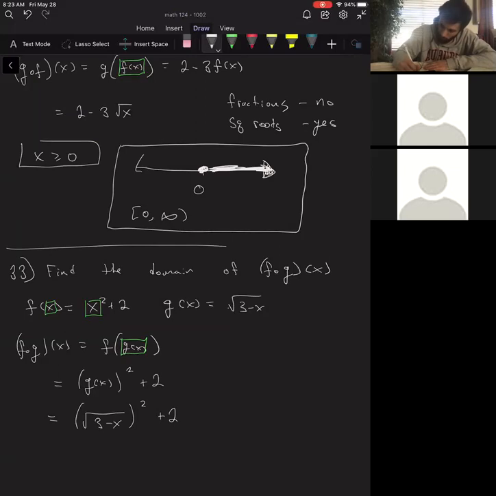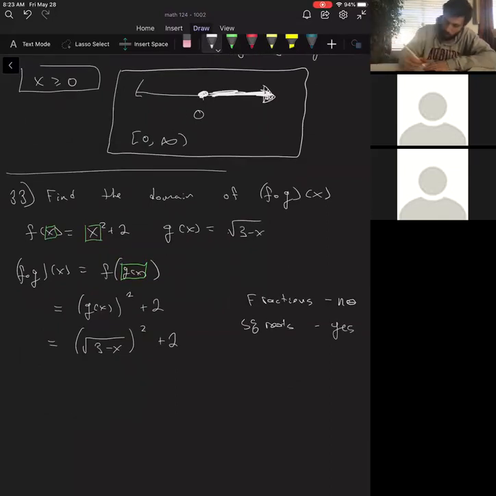For this one, again, are there fractions? Are there square roots? No fractions here, so no setting bottoms equal to 0 because there are no bottoms. Square roots, yes. The inside of our square root is 3 minus x, so we need 3 minus x to be bigger than or equal to 0.